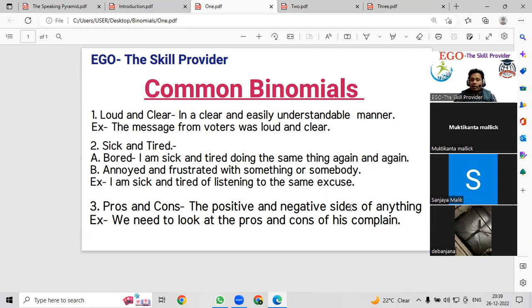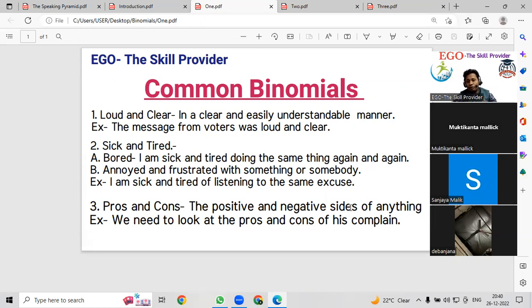So loud and clear means clear and easily understandable, and it is used as an adjective in a sentence. I have given an example here: the message from voters was loud and clear. Suppose there is a general election in a country or in a state.